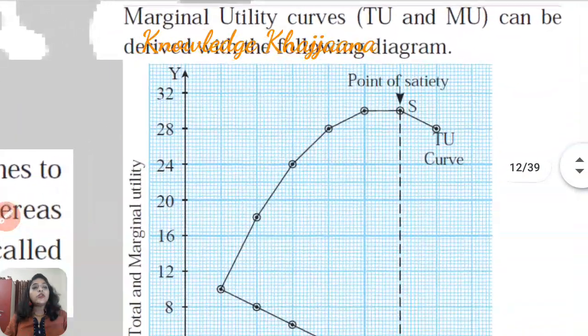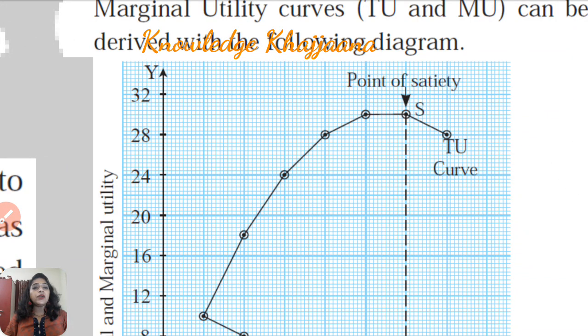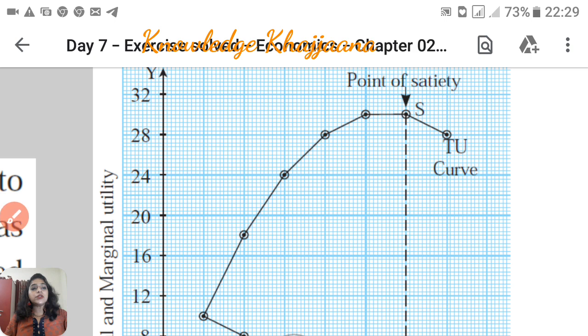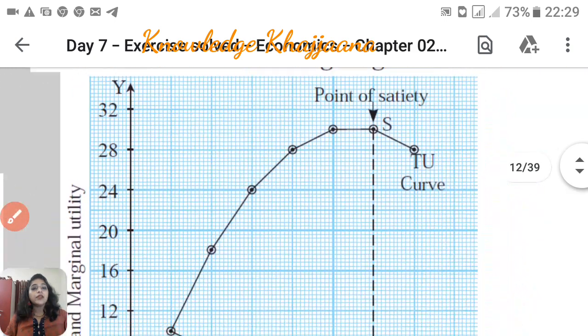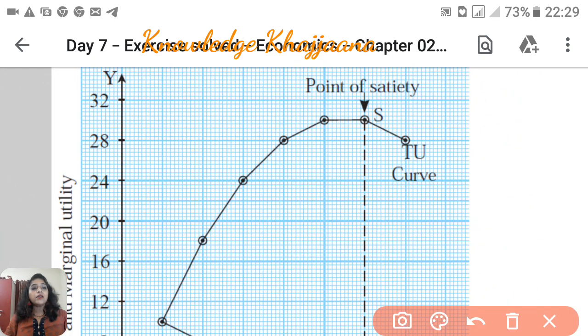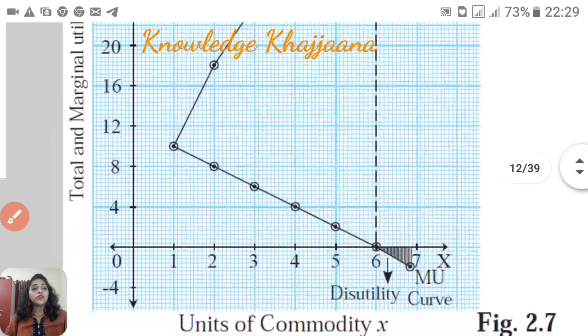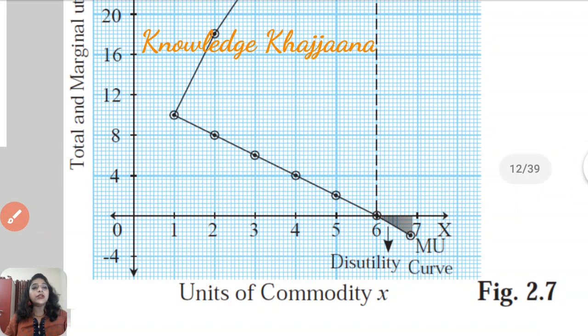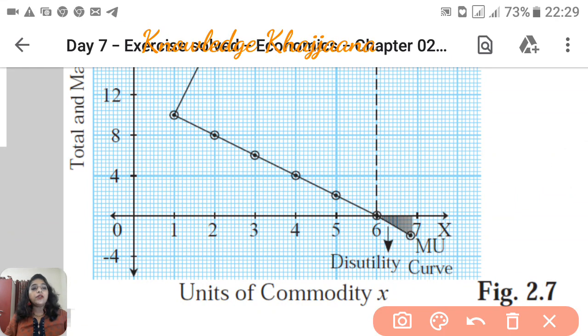When the total utility reaches the maximum level and it remains constant, what happens with the marginal utility? It is falling down, right?